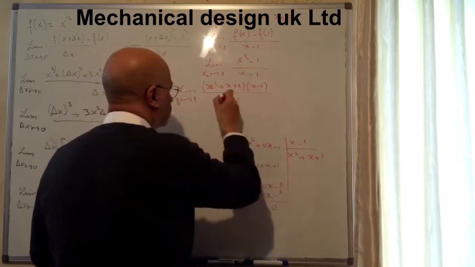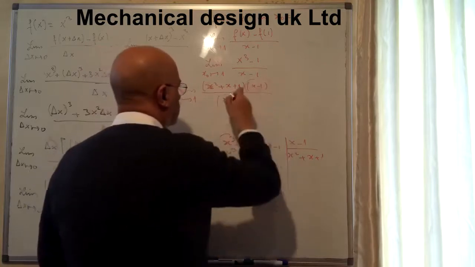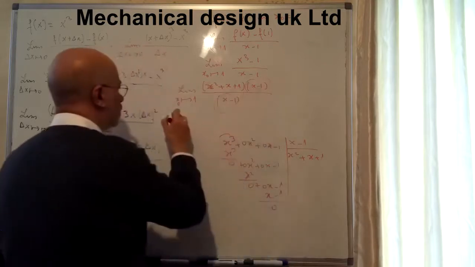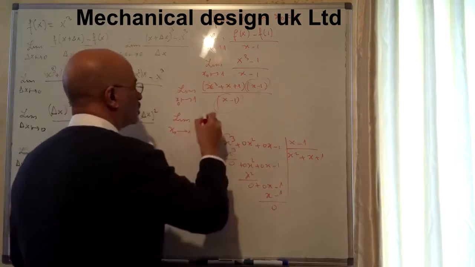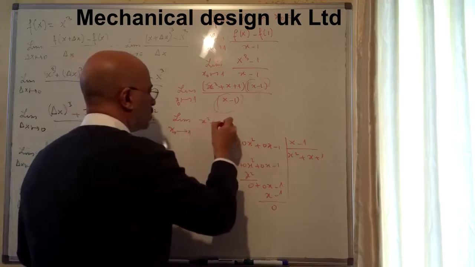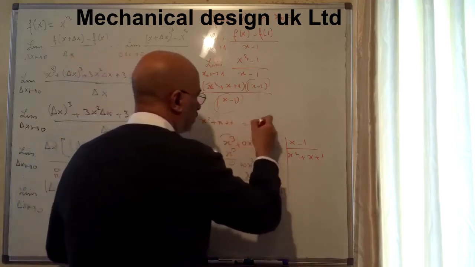So we have the limit when x tends to 1 of x squared plus x plus 1, which equals 3.